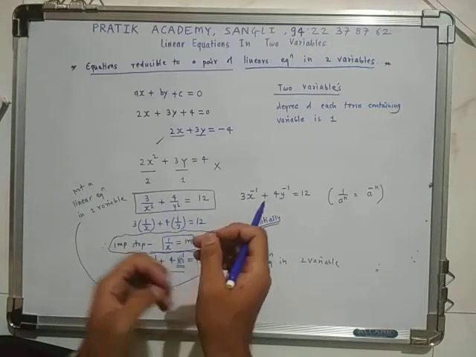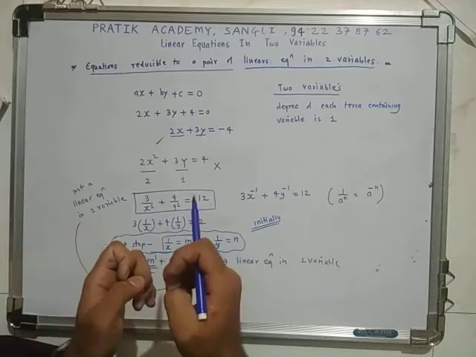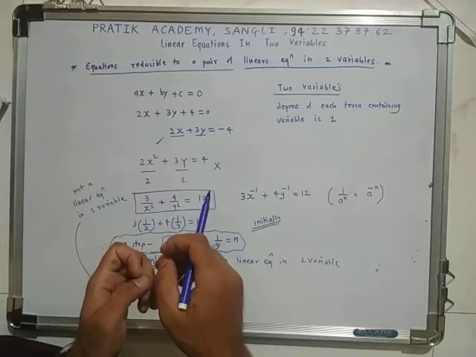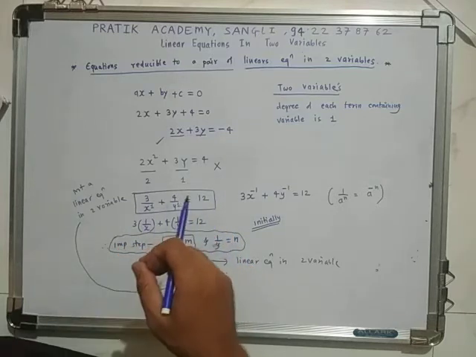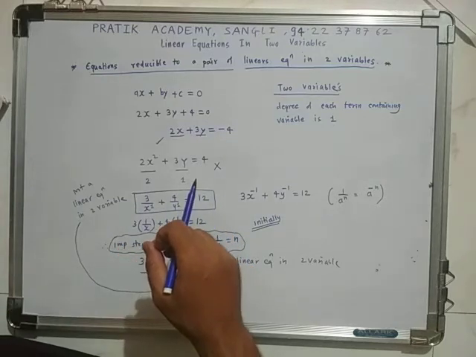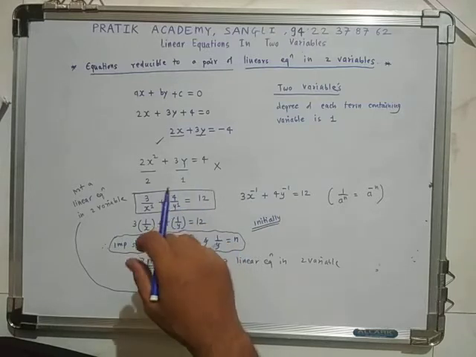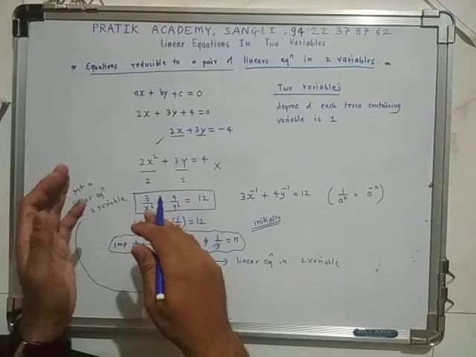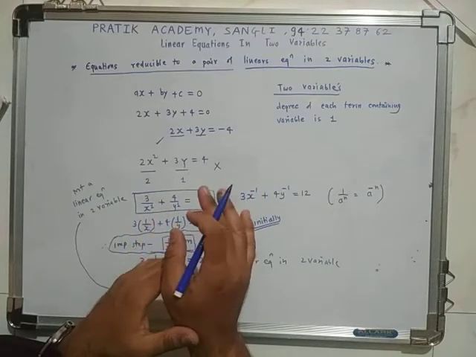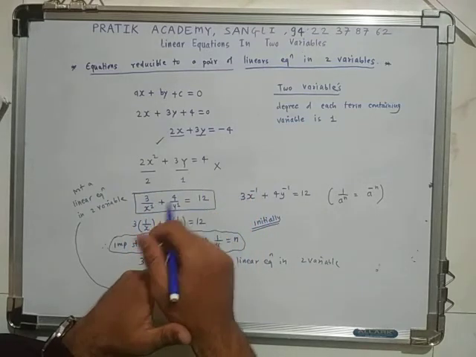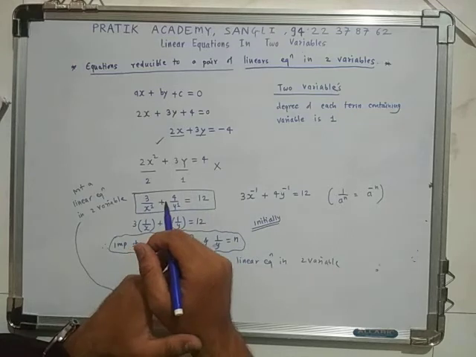We will take examples directly from practice set 1.4, and I will show how equations can be reduced to linear equations in two variables. So let's start practice set 1.4.